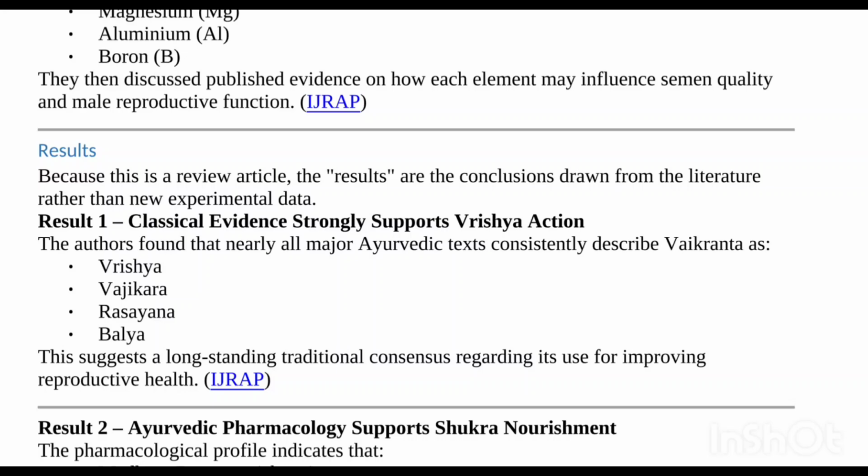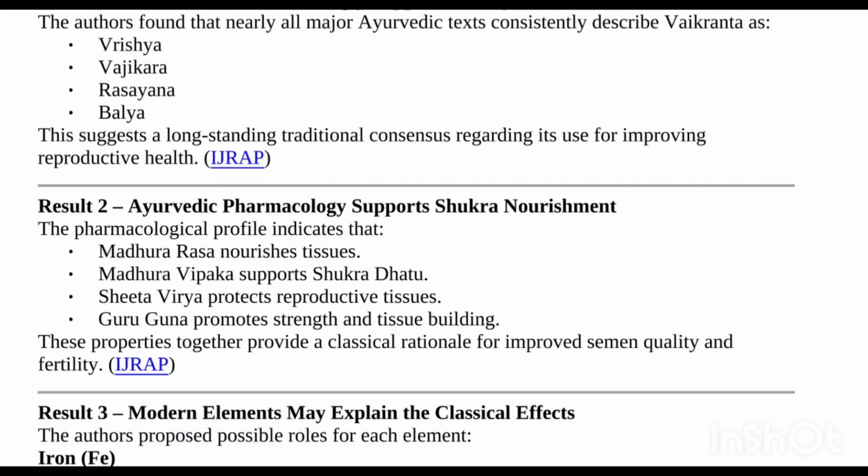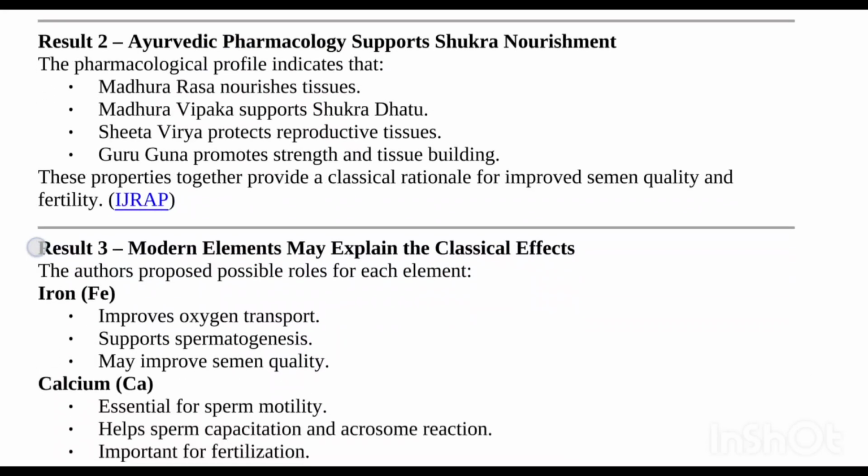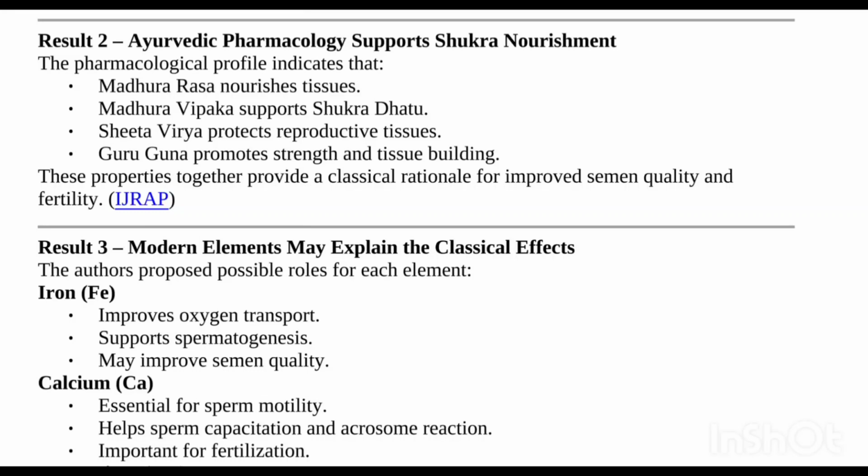As a result, because this is a review article, the classical evidence strongly supports Vṛṣya action, because Vaikrant is described as Vṛṣya, Vajikar, Rasāyana, and Balya. This suggests a long-standing traditional consensus regarding its use to improve reproductive health. And in result, Ayurvedic pharmacology supports Shukra nourishment.